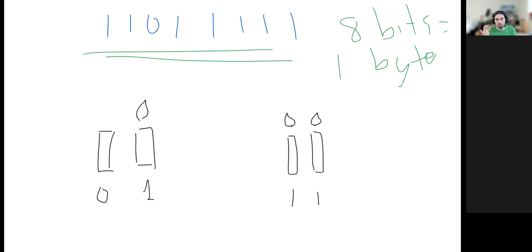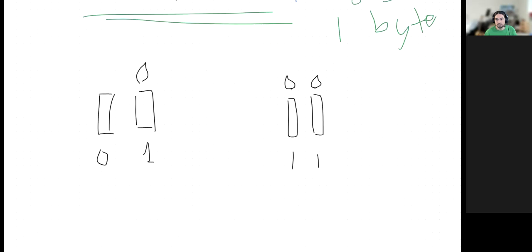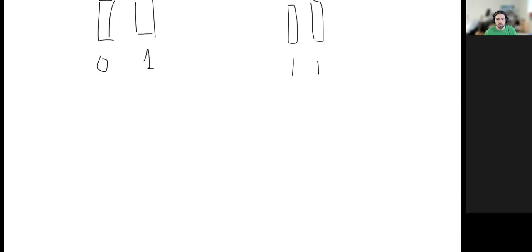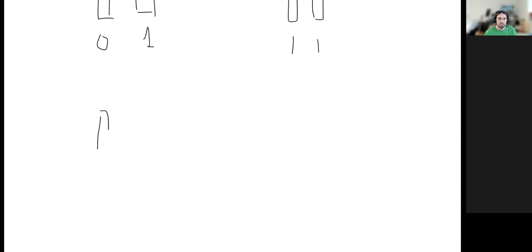So you can have many possibilities for this. Let me talk about the possibilities. If you only have one candle, it can either be off or on, right? So two things. If you had two candles, how many states would I get?